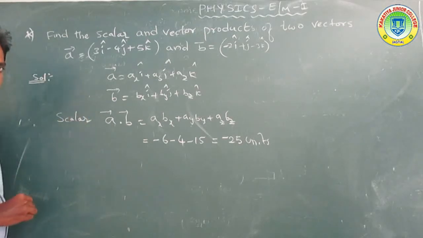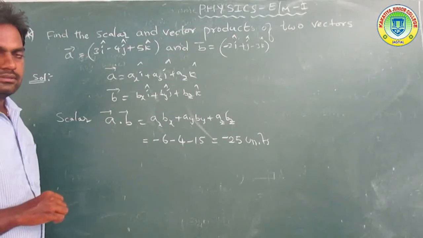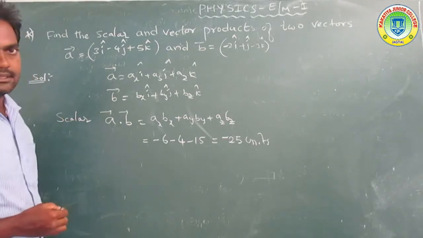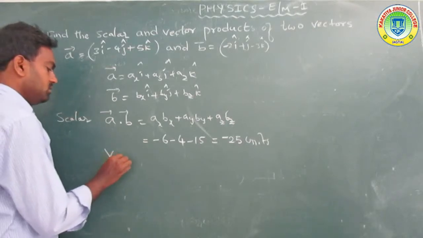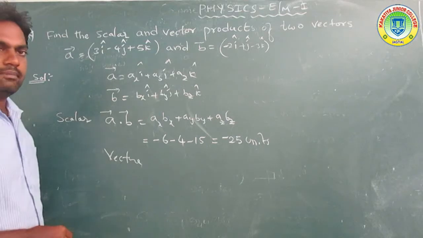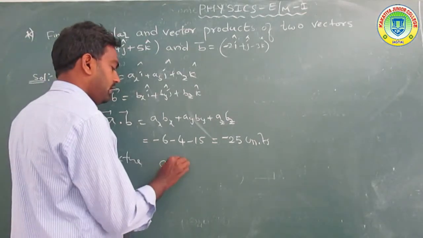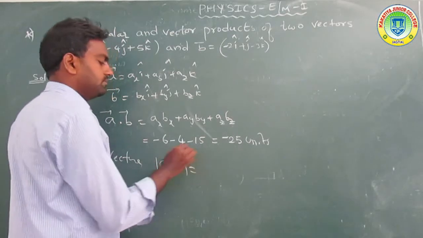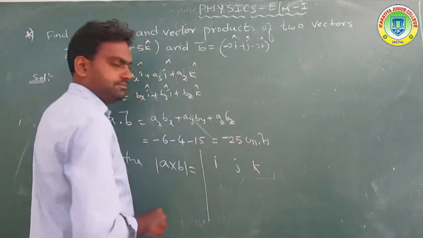Similarly, as we know from the last class, now the vector product. We use the determinant method. A cross B is equal to the determinant with the first row i, j, k.